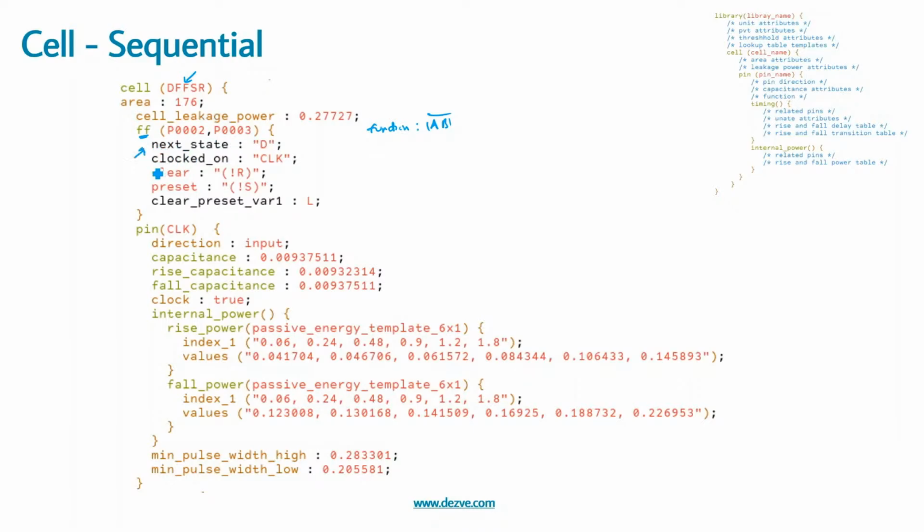Next state is the D pin. Clocked on is the clock port. Clear and preset are active low; we can see this is active low, not of R and not of reset. So if you take this as a reset, this is the clock pin. This clock pin will provide an input capacitance to the previous gate, whichever is the skew or buffer or whichever is in the clock path.